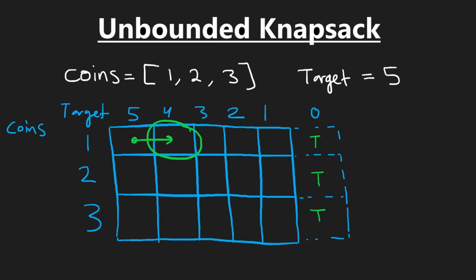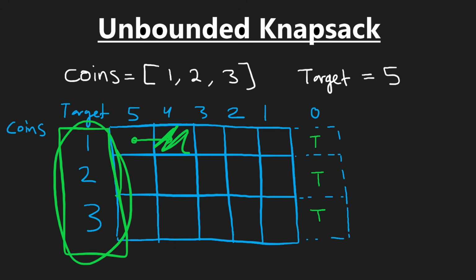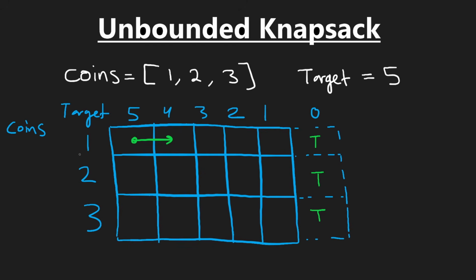Why are we going in this position? Well, obviously, if we use a 1 coin, then we want to know, can we sum up to the value 4? But we're going to this right position because just because we used a 1 coin doesn't mean we can't use it again, right? So when we're in this position, we can use any of the coins that we want. Now, just because we have an infinite number of 1s doesn't mean we're required to use a 1, right? So we can also go straight down.